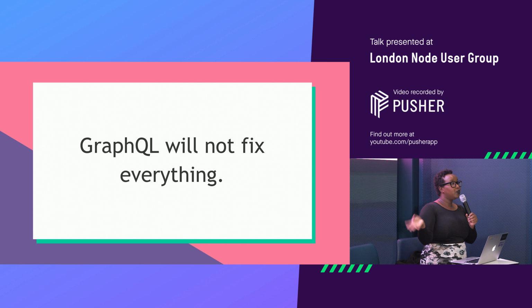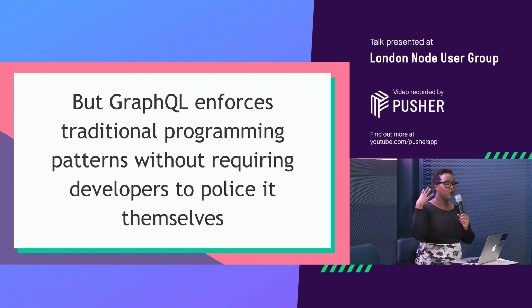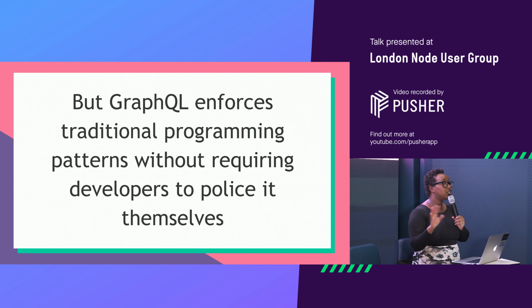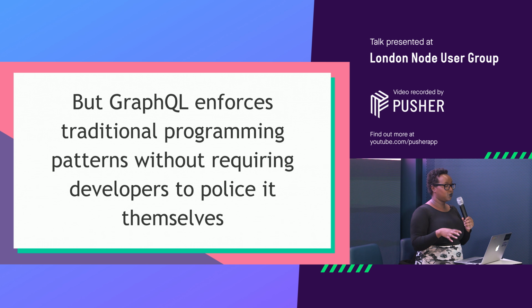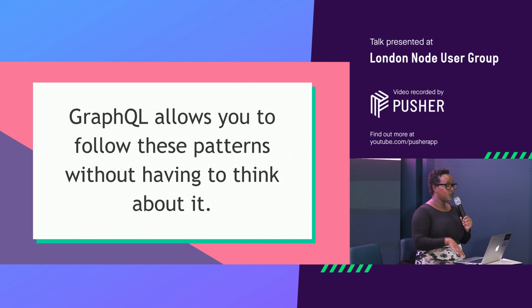So GraphQL will not fix everything. But GraphQL encourages traditional programming patterns without requiring developers to police each other. GraphQL allows you to follow these patterns without even having to think about it. It's just how you do it. That's the GraphQL way.